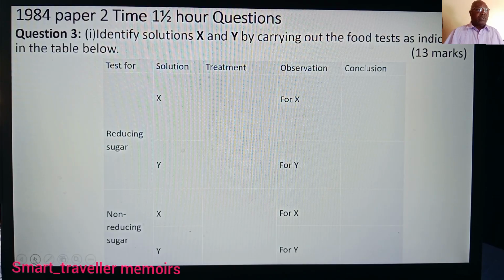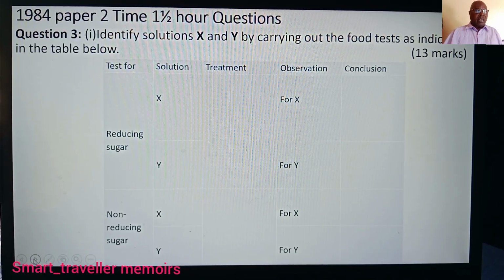We have solution X, Y, and then solution X, Y for non-reducing sugar. Treatment, observation for X and for Y as far as reducing sugar are concerned, and then observations for X and Y as far as non-reducing sugars are concerned.